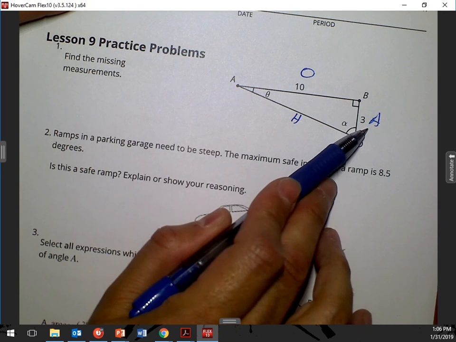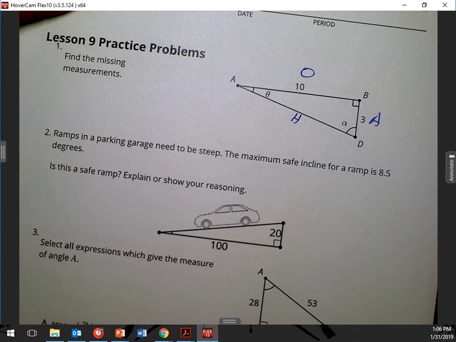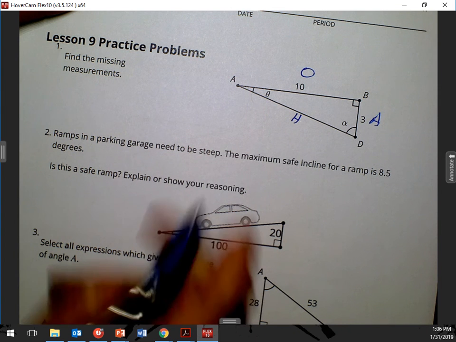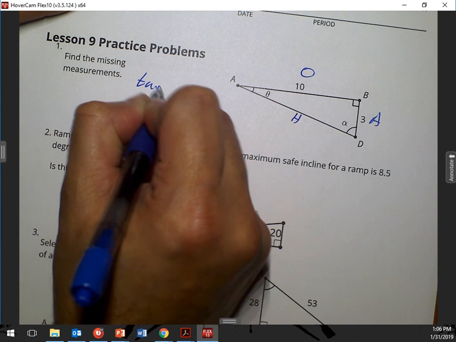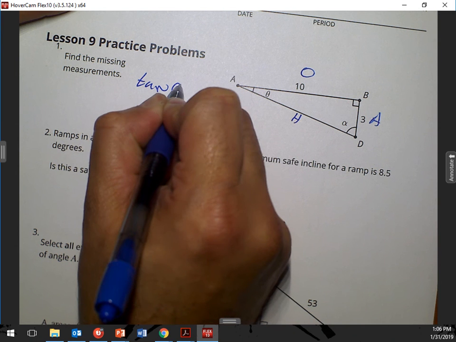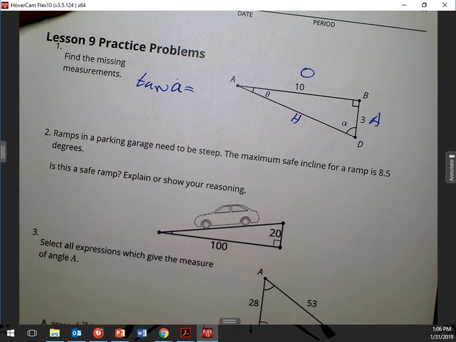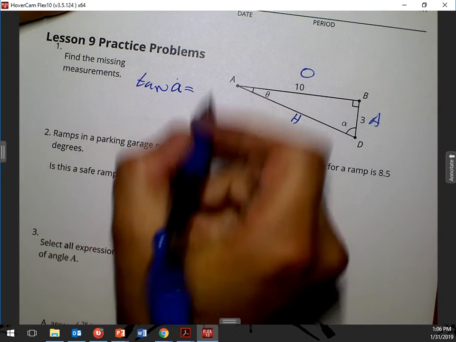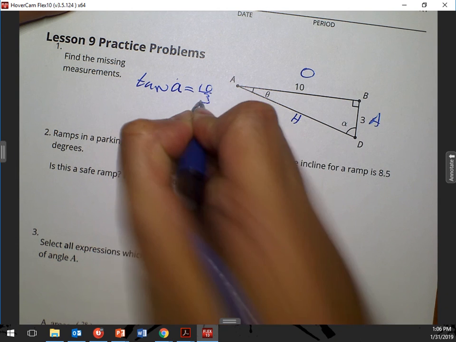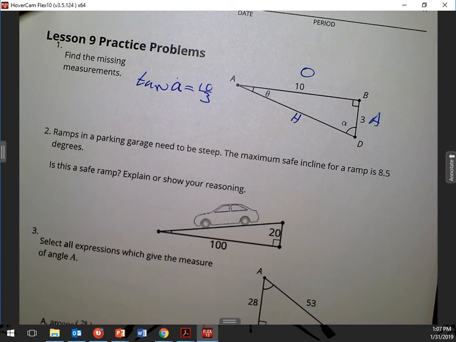Opposite and adjacent. Tangent. So it's going to be tan of alpha is equal to 10 over 3.